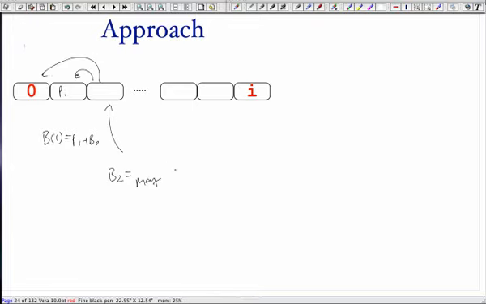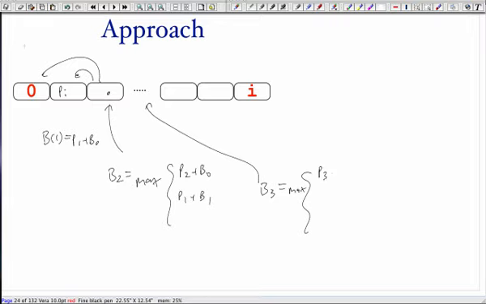It's going to be the max of p2 plus b0 or p1 plus b1. And you fill that position in right there. Right? And now b3 is going to be the max of p3 plus b0, p2 plus b1, p1 plus b2.